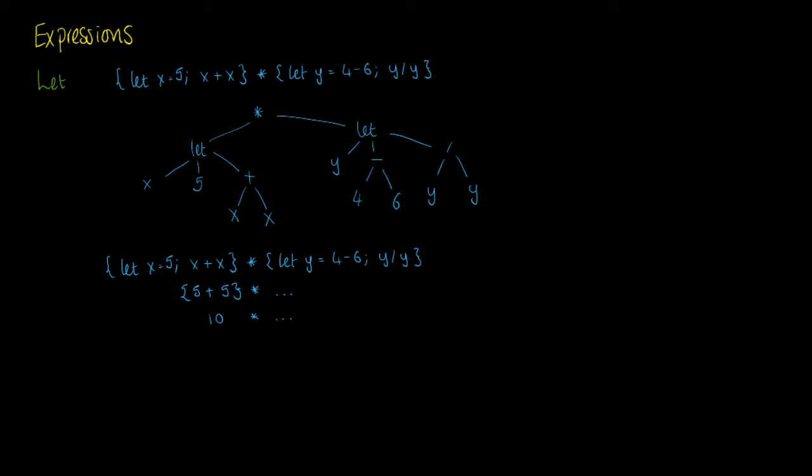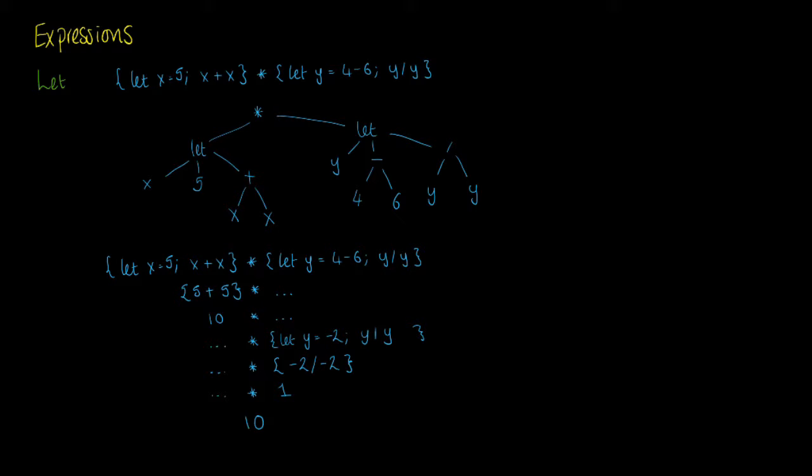Now 10's a number on its own, and we know we have to multiply by an integer on the right, so we have to reduce the thing on the right. We reduce 4 - 6 to negative 2. Then we substitute y equals negative 2 in y / y. Then we simplify negative 2 / negative 2 into 1. And then finally, 10 times 1 reduces to 10.